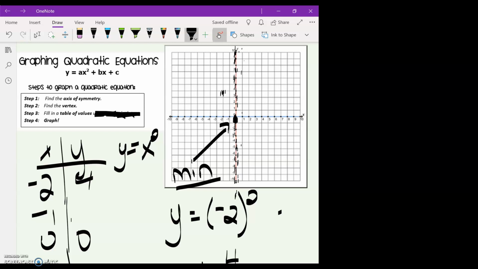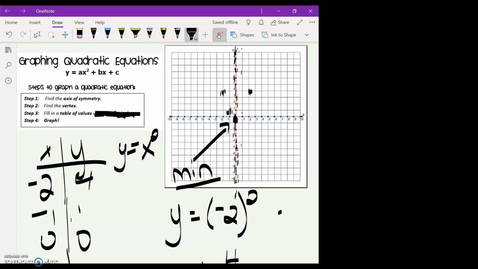And we're going to plug in negative 1. y is equal to negative 1 squared, and that is just equal to positive 1. So negative 1, 1. Here's the good thing about the axis of symmetry: once you have points on the left side or the right side of the axis of symmetry, the graph is symmetrical. Negative 2, 4 is 2 points away from the axis of symmetry, so I can go 2 points to the right of the axis of symmetry.